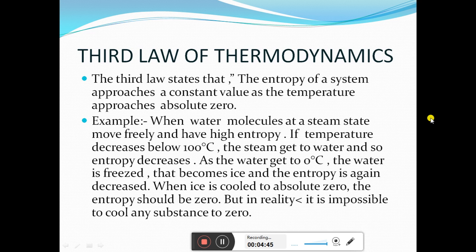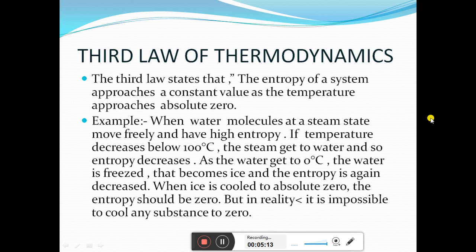This statement holds true if the perfect crystal has one state with minimum energy. An example for the third law of thermodynamics is when water molecules in the steam state move freely and have high entropy. If the temperature decreases below 100 degrees Celsius, the steam turns to water and so entropy decreases. As the water gets to 0 degrees Celsius, the water freezes, that is, becomes ice, and the entropy decreases again.